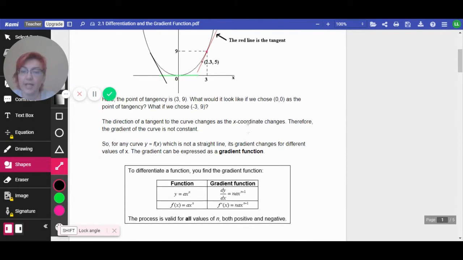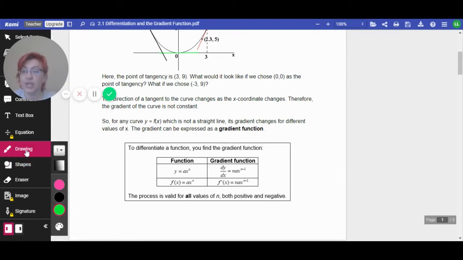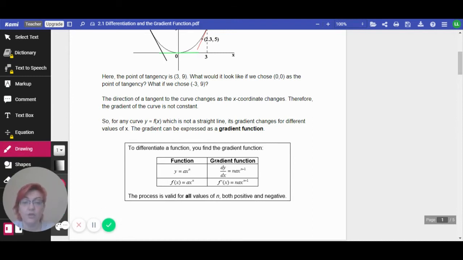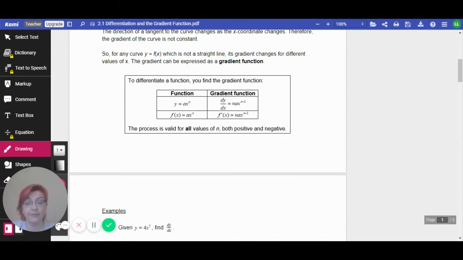Well, for any curve, y equals f of x, where y is some function of x which is not a straight line, its gradient changes for different values of x, and that gradient can be expressed as a gradient function. So, to differentiate a function, you find the gradient function, which is also known as the derivative.